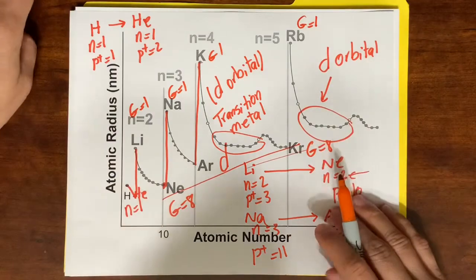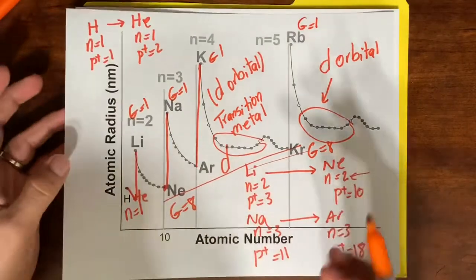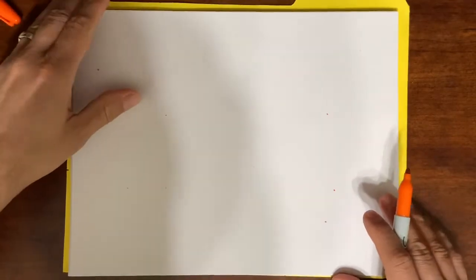Okay, let's talk about the transition metal area and pick some elements. I want to be careful about the elements that I'm picking.